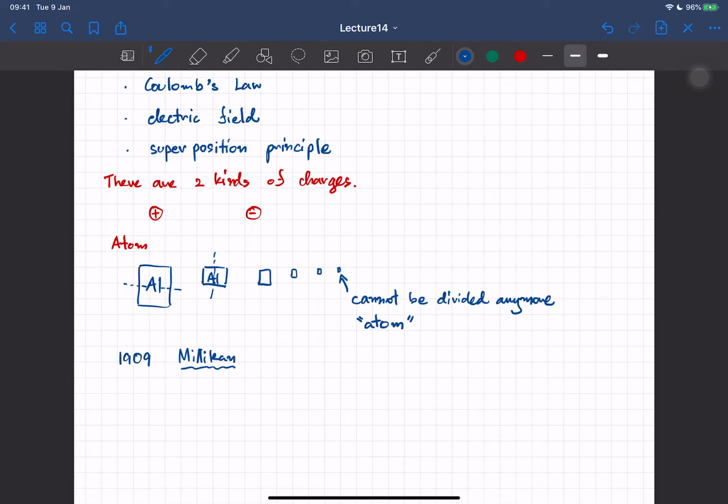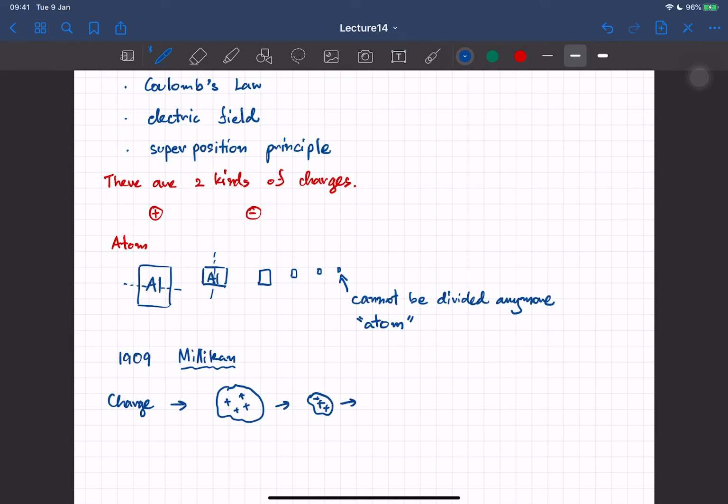So what he found is that the charge also has an analogous kind of property as an atom, in a sense that if you take something which is electrically charged, for example, some kind of lump that's positively charged, something like this, right? And then you divide it smaller and smaller.